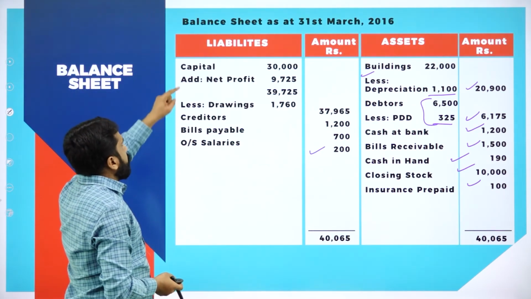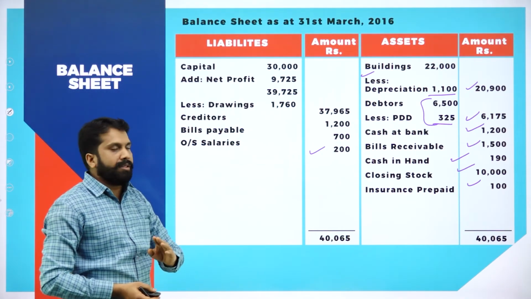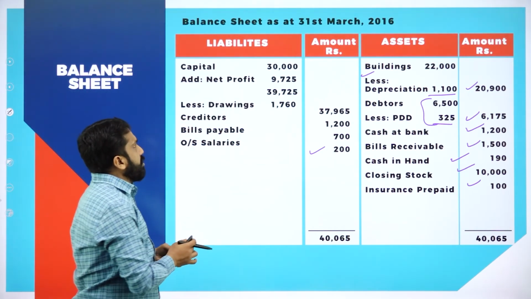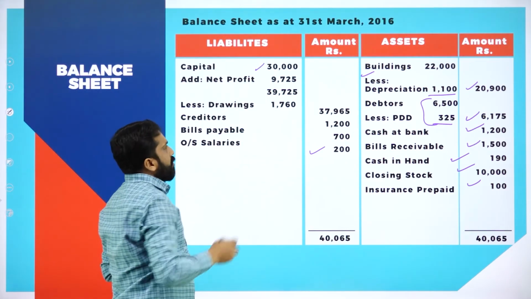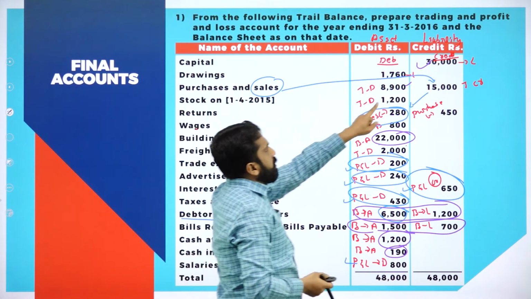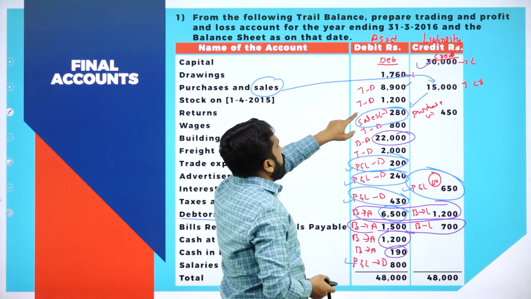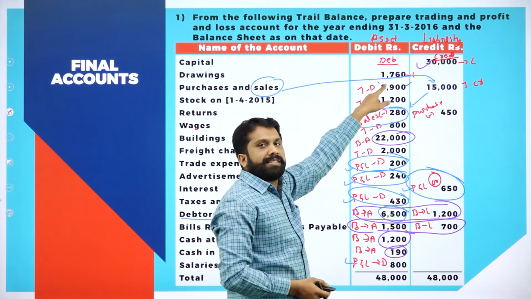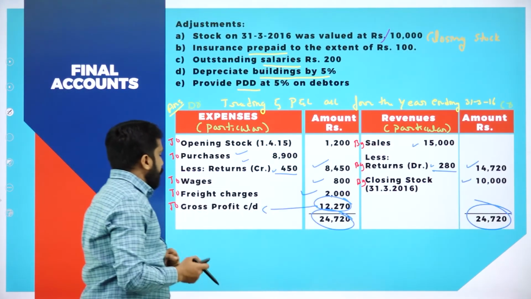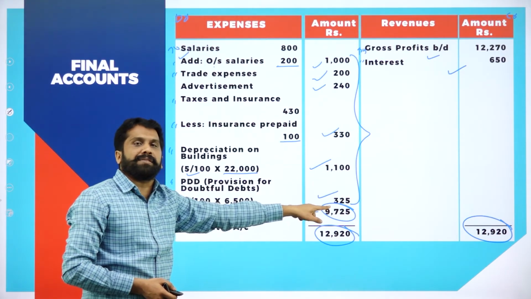Remember, first you have to write capital, later you can write anything in any order. Now, capital is how much? It is 30,000. Your drawings is 1,760. What is your net profit? 9,725.